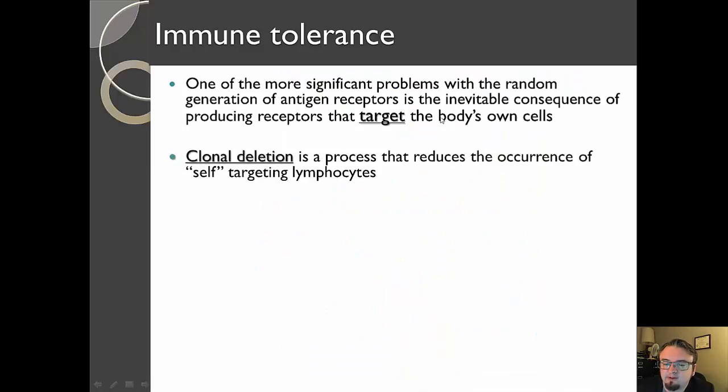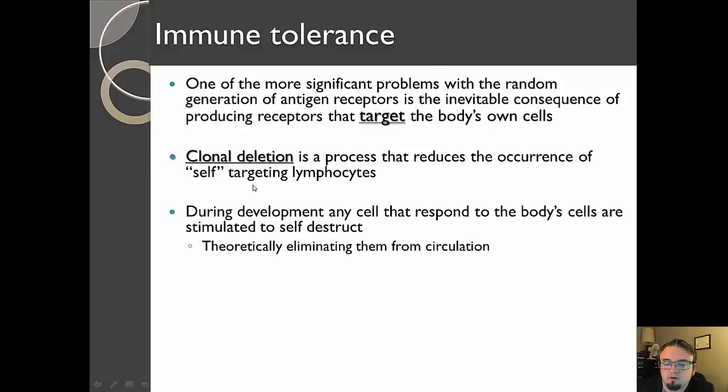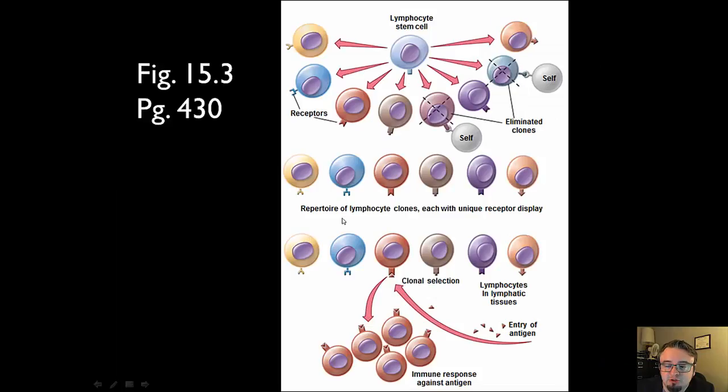So the body has evolved this interesting process to eliminate self-targeting lymphocytes. And the process is called clonal deletion. Clonal deletion occurs during development, either in the bone marrow or the thymus for B and T cells respectively, where if there's a reaction during that developmental stage, those cells are actually targeted and eliminated.